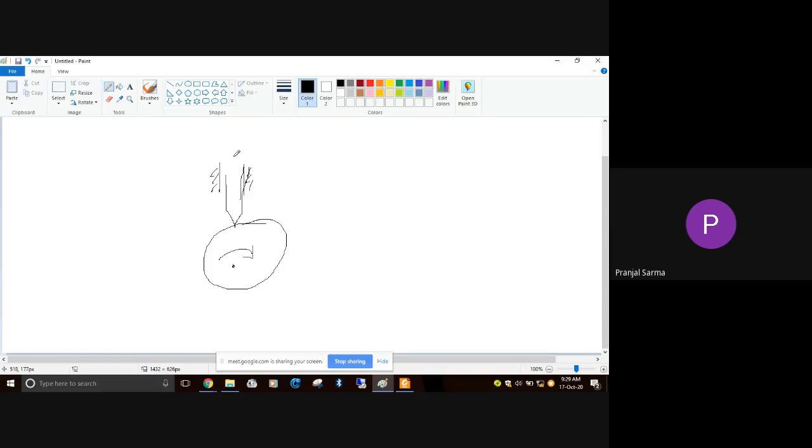Suppose this is the center of reciprocation for this follower, so it is reciprocating in this direction. This is the cam, this is the follower, and this is the guide.